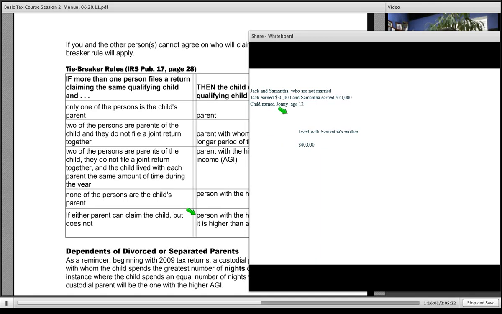Samantha's mother would be allowed to claim the child's dependency exemption in that situation because she earned more money than either Jack or Samantha. But if Samantha's mother earned, say, $29,000, she would not be allowed to claim the dependency exemption for Johnny because her income would then be less than Jack's.